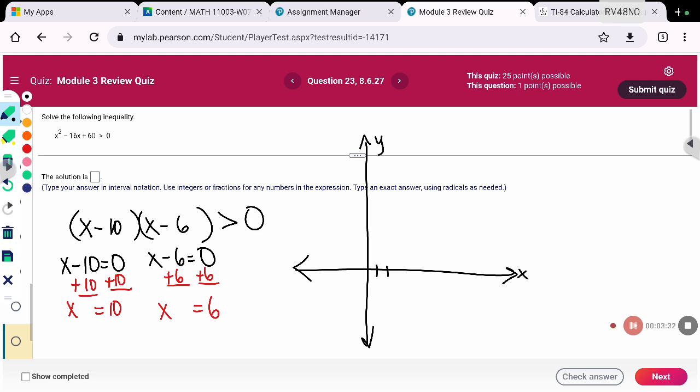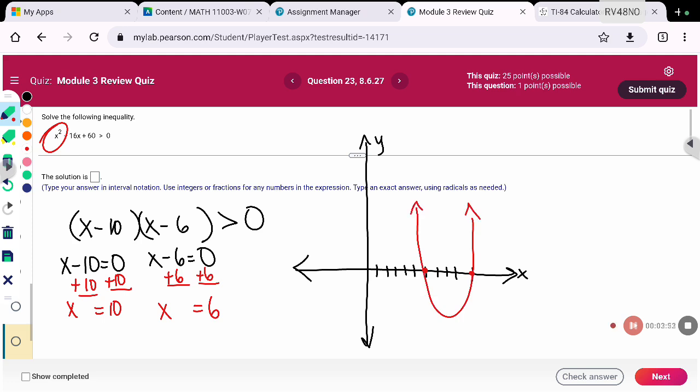One, 2, 3, 4, 5, 6, 7, 8, 9, 10. So at positive 10 and positive 6, now my x squared is positive, so it's a parabola opening upwards.